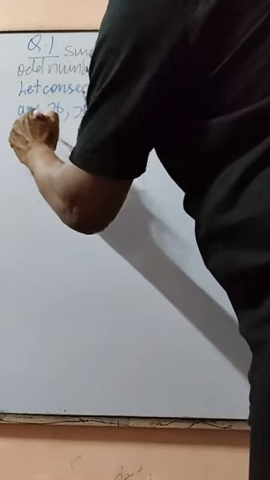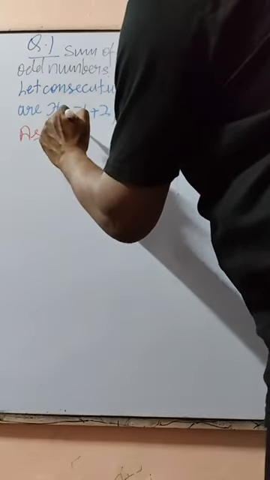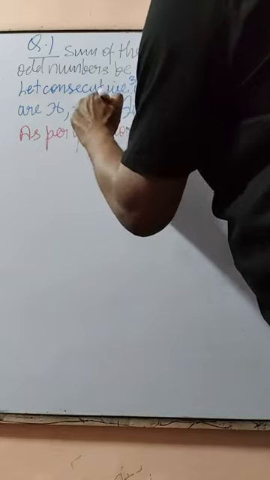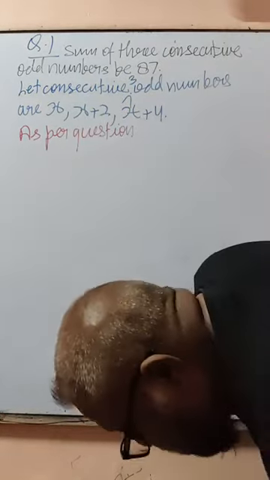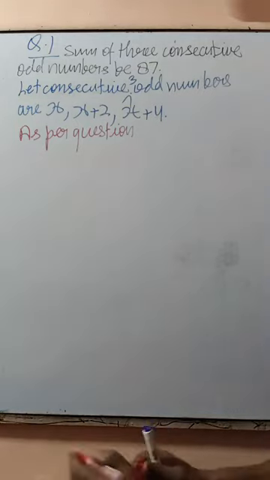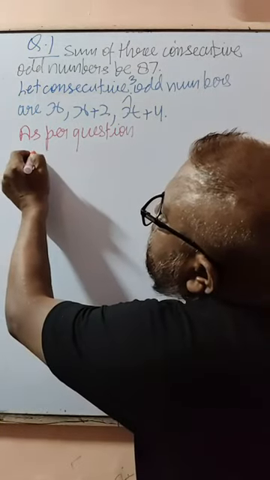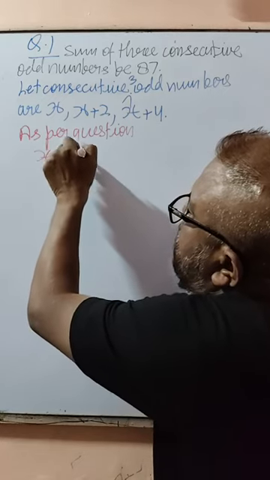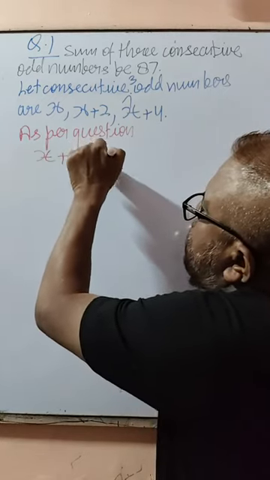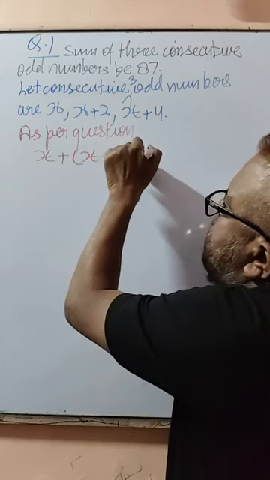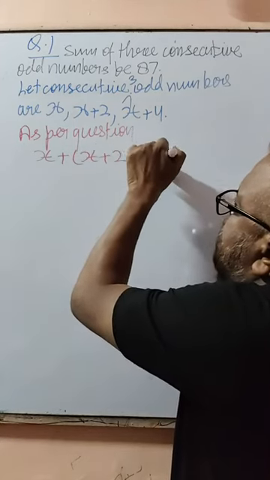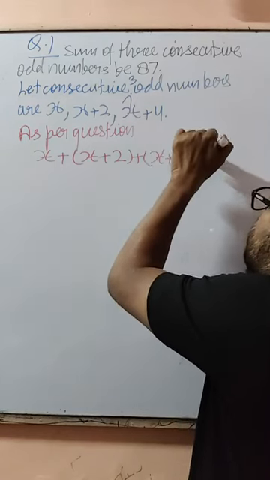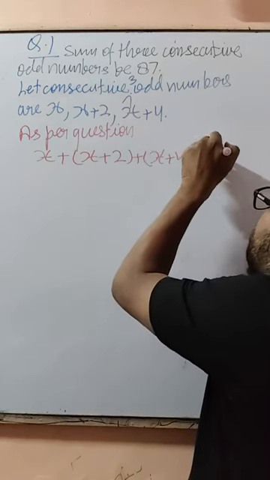As per the question, x plus x plus 2 plus x plus 4 is equal to 87.